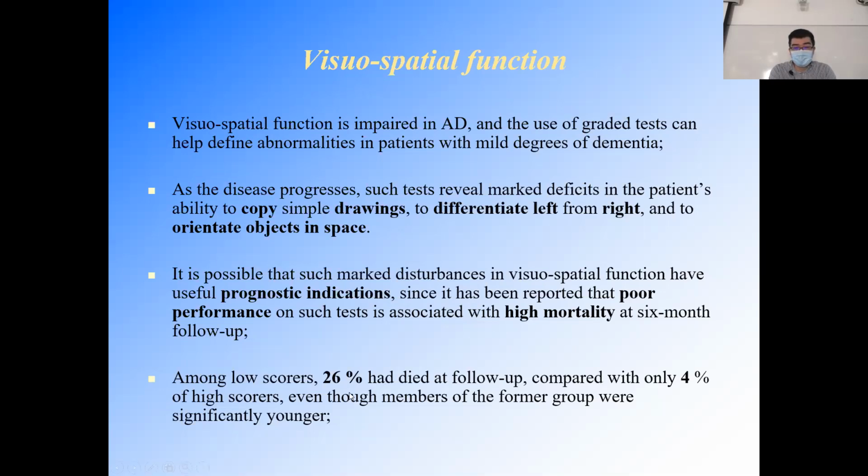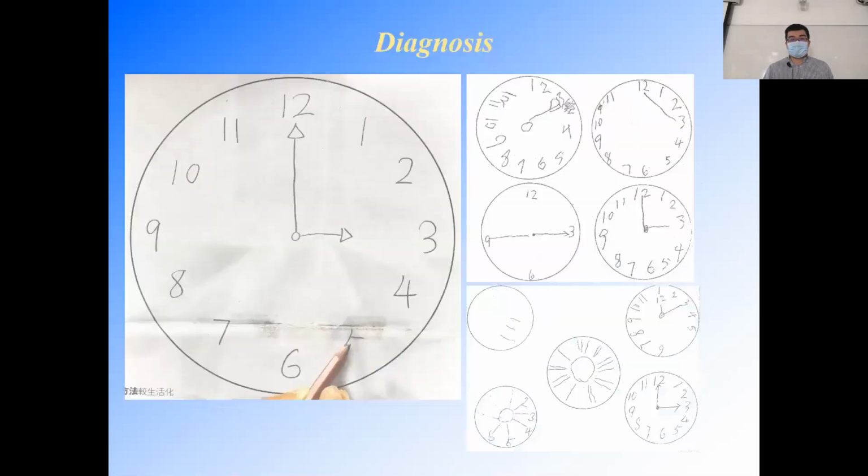So, for example, among low scholars, 26% will die after several years, even though they are younger. So if they have a worse score in the visual spatial diagnosis, they will have a higher mortality rate, which is also linked to the seriousness of the disease.